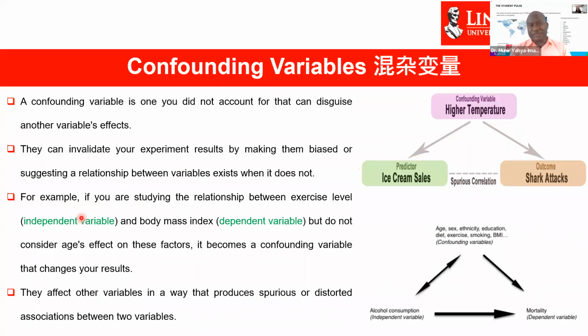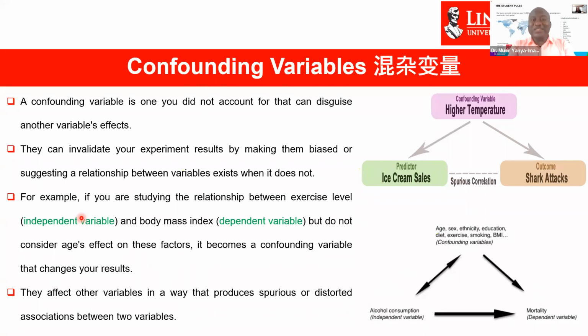Now we have confounding variables. A confounding variable is one you did not account for that can disguise another variable's effects. They can invalidate your experiment results by making them biased or suggesting a relationship between variables exists when it does not.